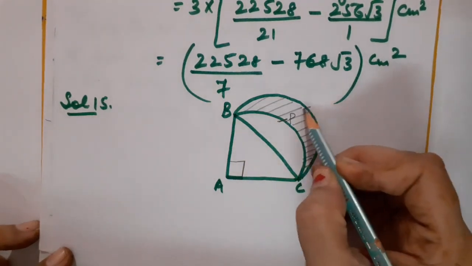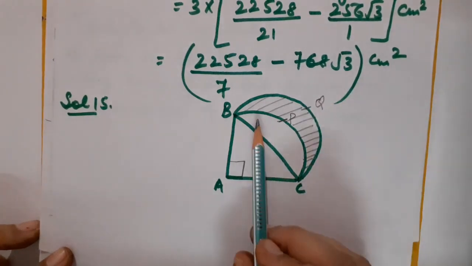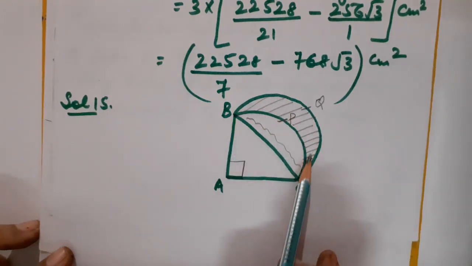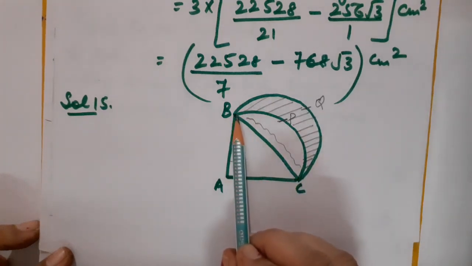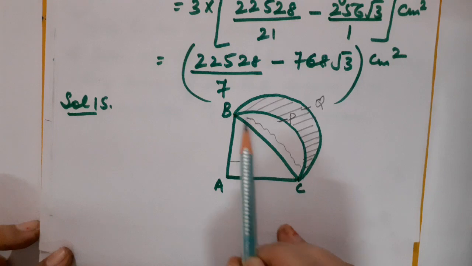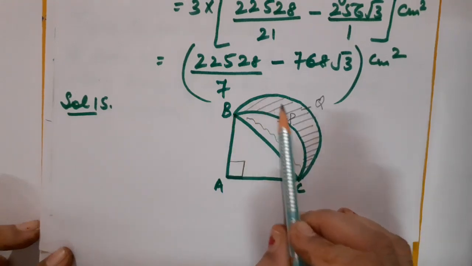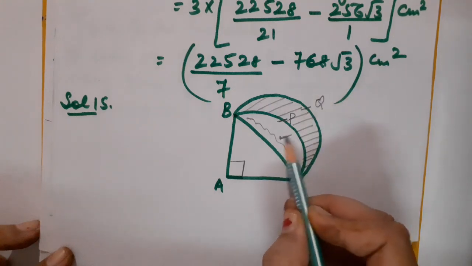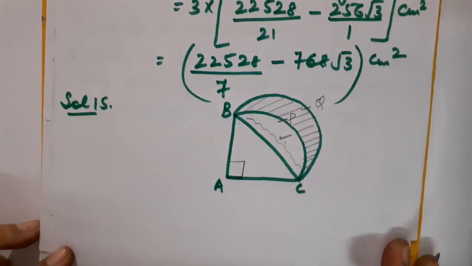So suppose here I give the name, let it be Q. If I subtract this segment, that is BPCB, from semicircle BQCB, then I can easily calculate the area of the shaded region. Means first of all, I want the area of this segment, that is BPCB. So what is to be done for that?